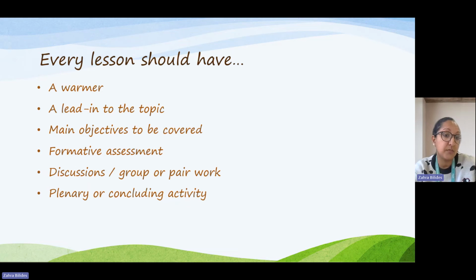You would probably end with a plenary or some kind of concluding activity in which the learners recap on what's been covered in the lesson. It might be you summarising what's been done in the lesson, bringing things to a close, maybe going over anything that you've noticed in the lesson that's not quite working the way it should.